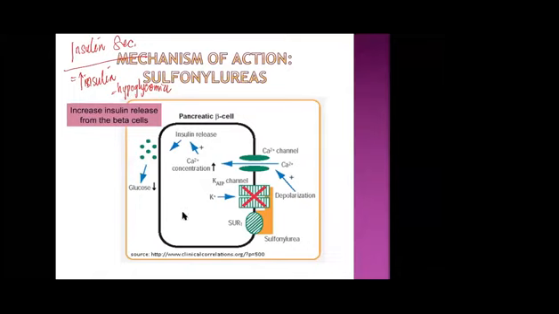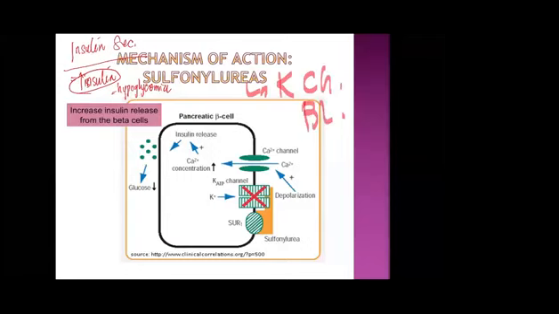So now, the question is, why does the release of insulin increase and more is seen in the blood? Let us explain the mechanism of action. This is actually related to my lecture on regulation of release of insulin earlier. Basically, sulfonylureas are potassium channel blockers.